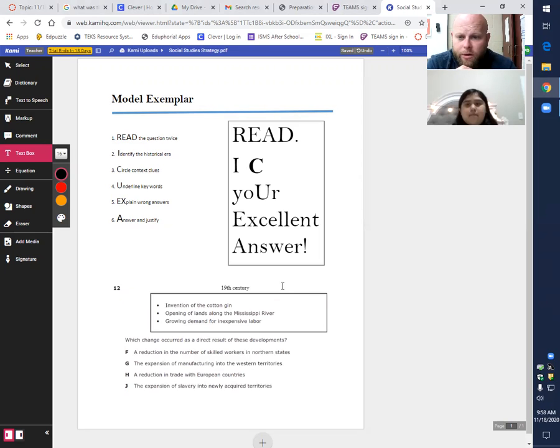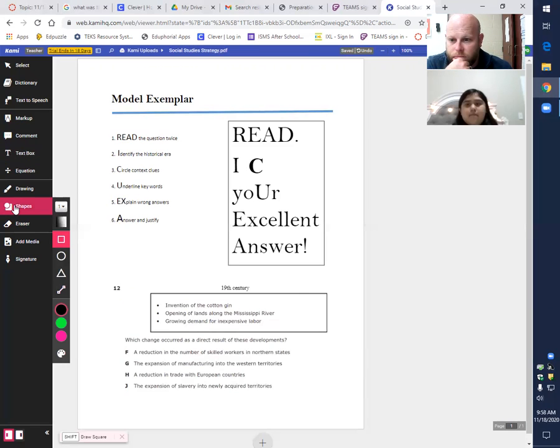And then we're going to circle all of our context clues. Just so it's easier to see, I'm going to make this circle pink.